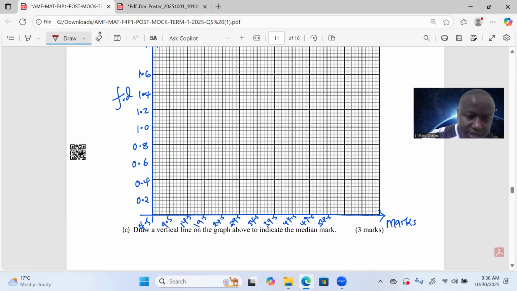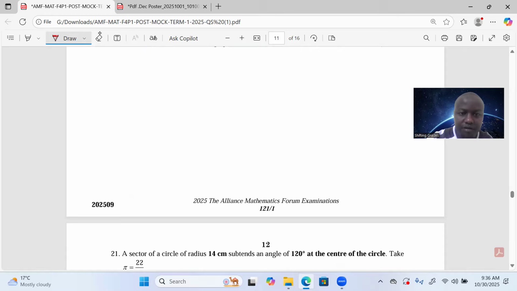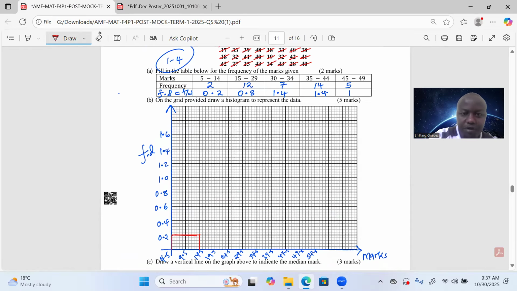The next class starts from 14.5 to 29.5, and the height is 0.8.